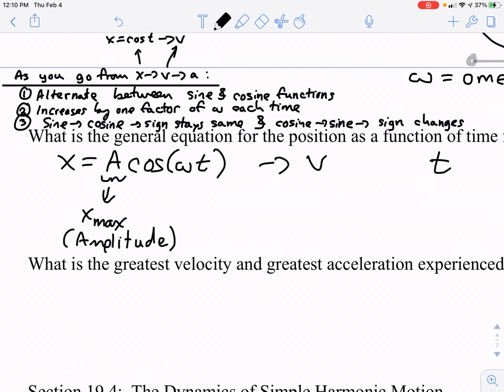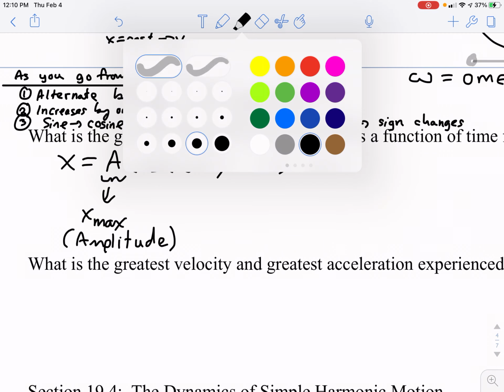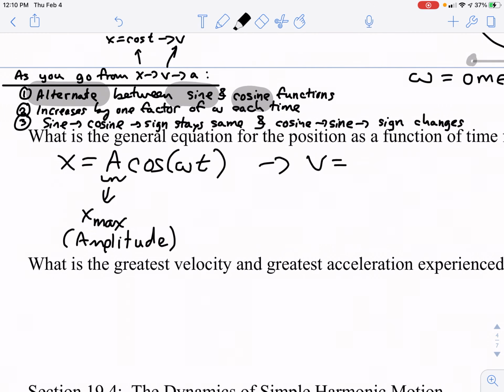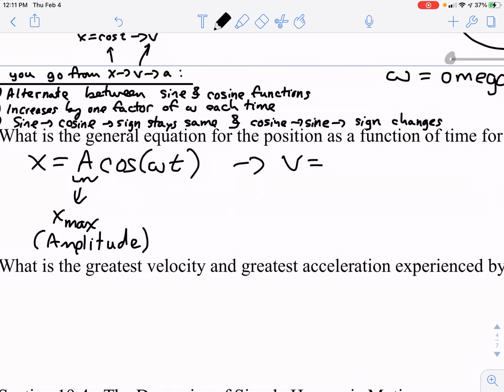Velocity as a function of time. Well, here we go. The velocity function, the first thing we're going to do is we're going to alternate between sine and cosine. So if we alternate between sine and cosine, and we're starting with a cosine function, that must mean that this next one is a sine function.